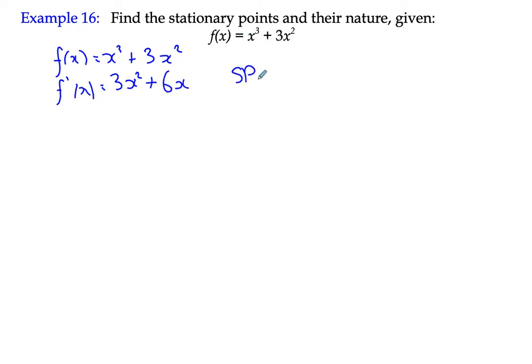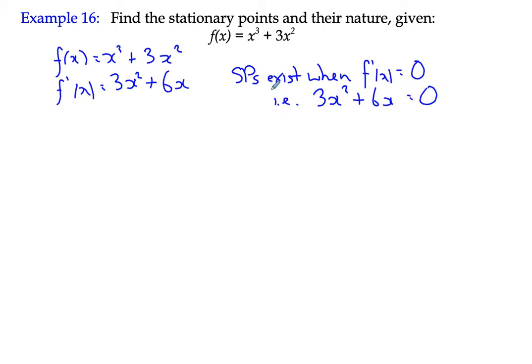Because we can state that stationary points exist when the first derivative is equal to 0, when the gradient is 0. We've deduced that the first derivative here is 3x squared plus 6x, and if we equate that to 0, that will give us our stationary points.